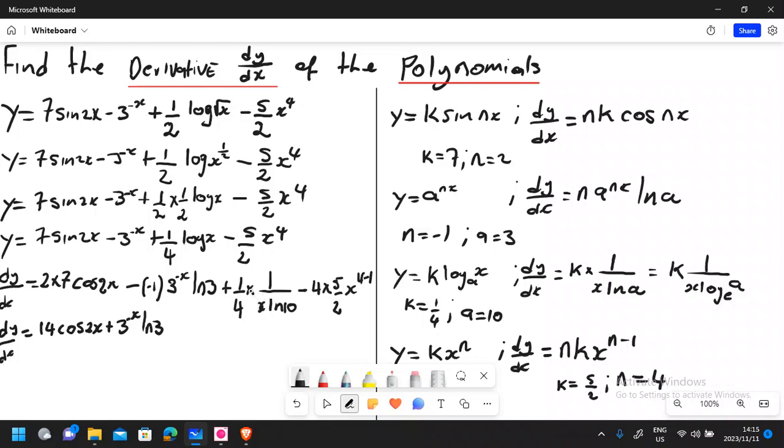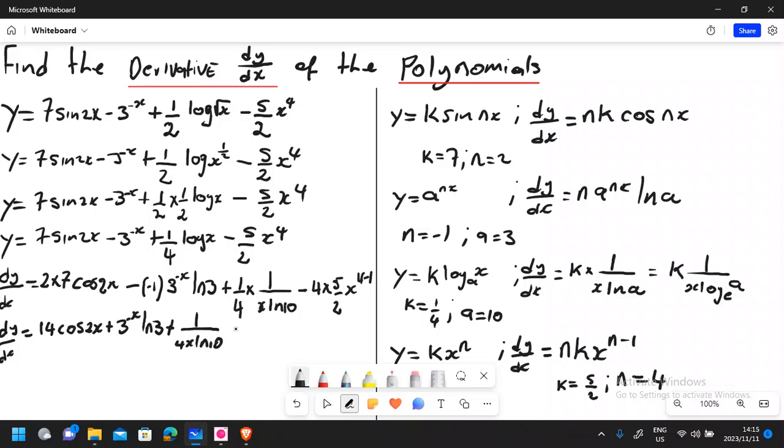Now, what about the third term? The third term, we have 1 over 4 multiplied by 1 over x natural log 10. So this is going to be plus 1 over 4x natural log 10.